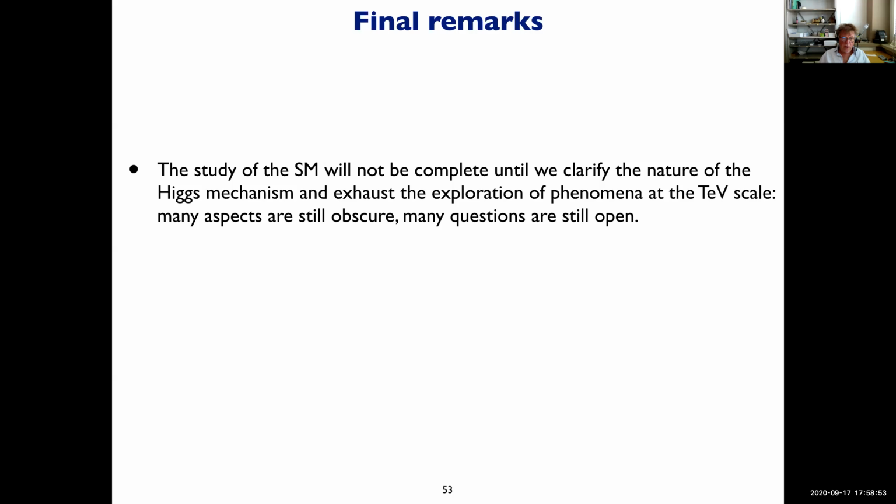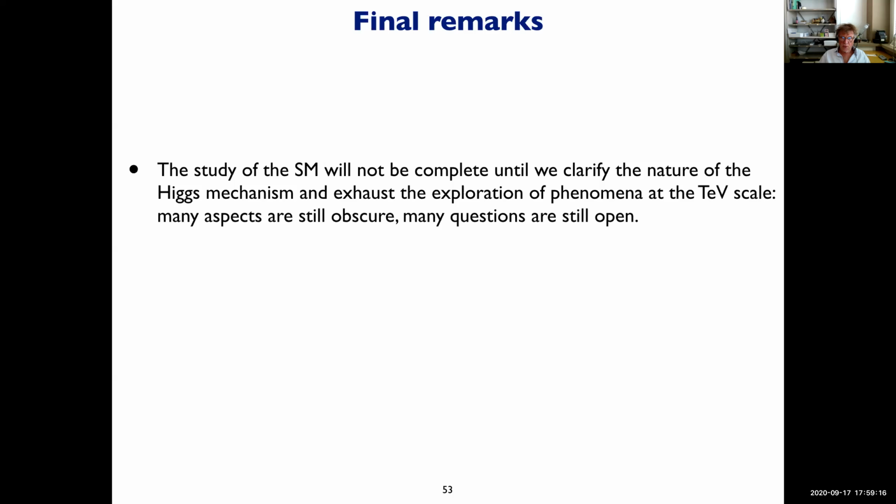I spent a lot of time trying to convince you that we cannot be happy with what we have today. The understanding even of the standard model cannot be complete until we clarify the nature and the origin of the Higgs potential and the Higgs mechanism. There are many aspects that are obscure.